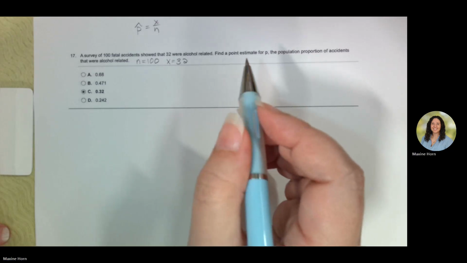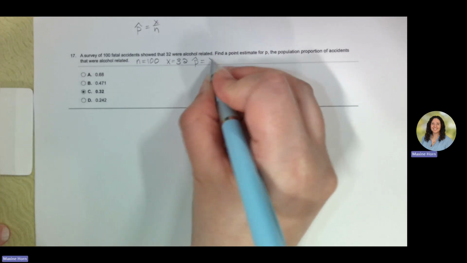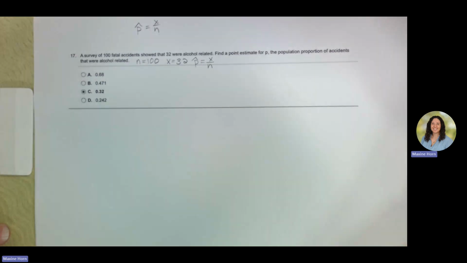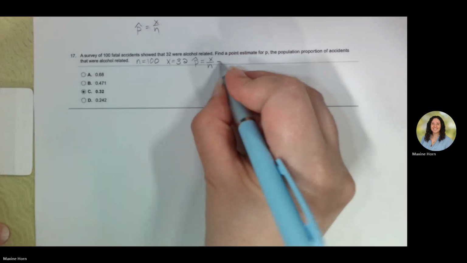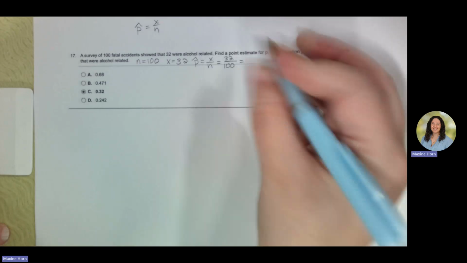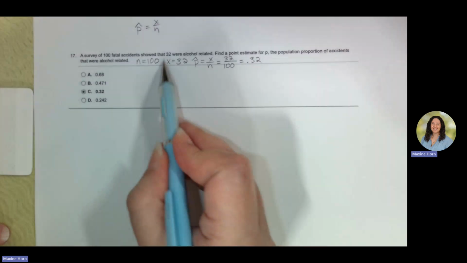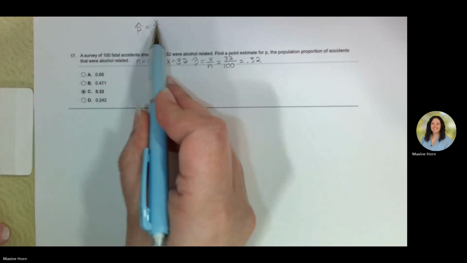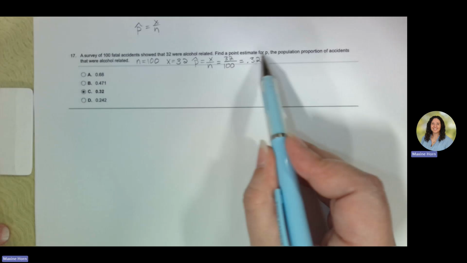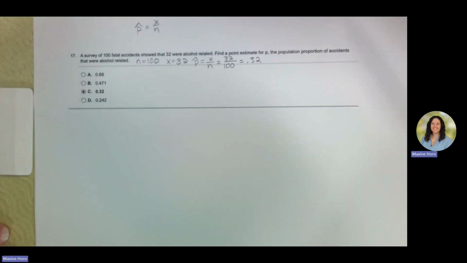So we can find p hat because we have X and we have n, right? X is 32, n is 100, so p hat is 0.32. Okay, so just make sure that you don't accidentally call that an X bar. That's an X. Find a point estimate for p, the population proportion of accidents that were alcohol related.